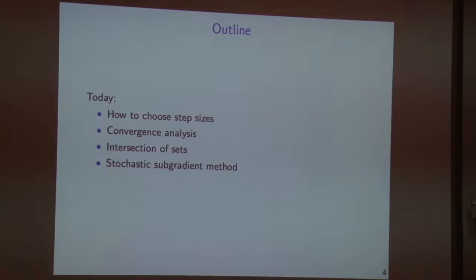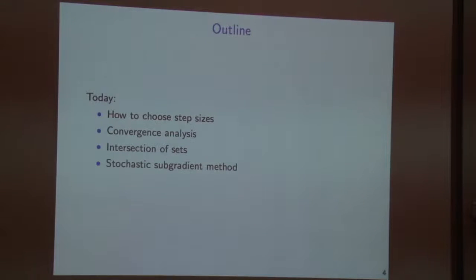Okay, so here's the outline for today. We're going to talk about how to choose step sizes. This is analogous to what we did for gradient descent. We're going to talk about the convergence of subgradient method. We're not going to prove its convergence; we did that for gradient descent, and we're going to skip it for subgradient method. We're going to talk about applications of subgradient method.